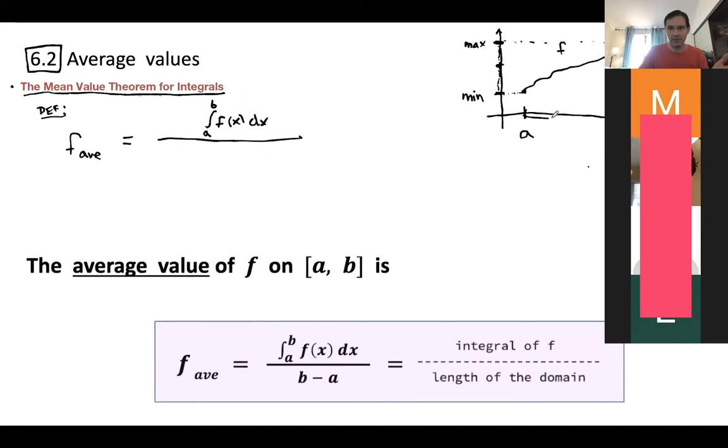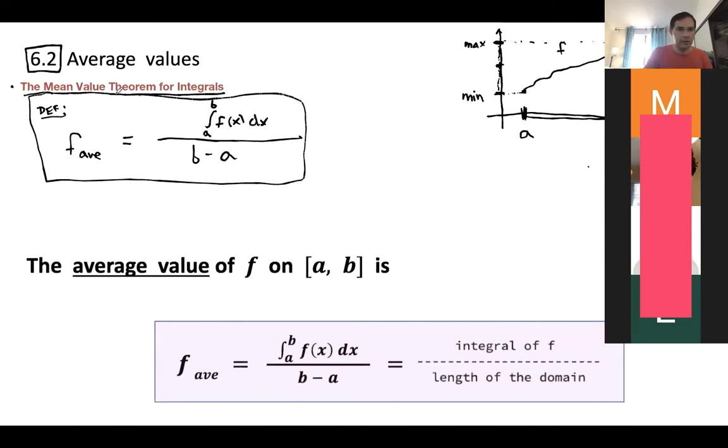That's all. This is the formal definition of the average value of a function f defined on some closed interval a, b.